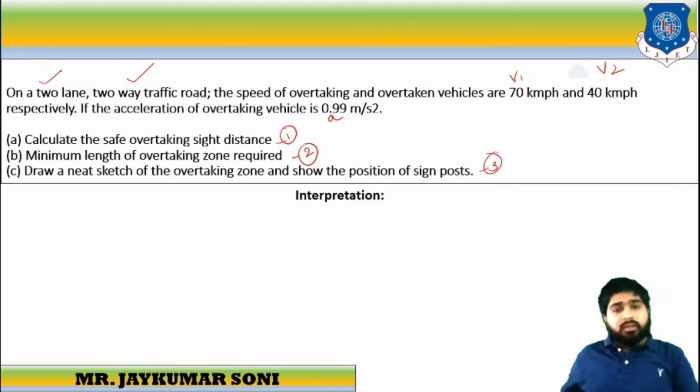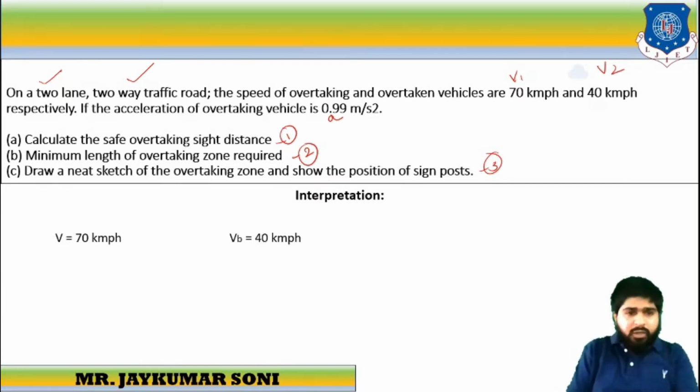First, let us interpret the statement. We have been given V1 as 70 and V2 as 40. So we will convert these values into small v: it will be 70 by 3.6 and 40 by 3.6. Calculate and tell me what value you are getting.